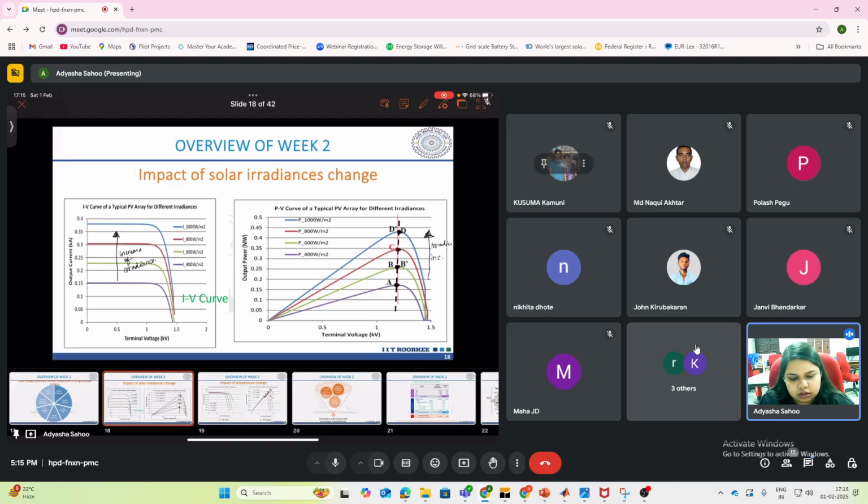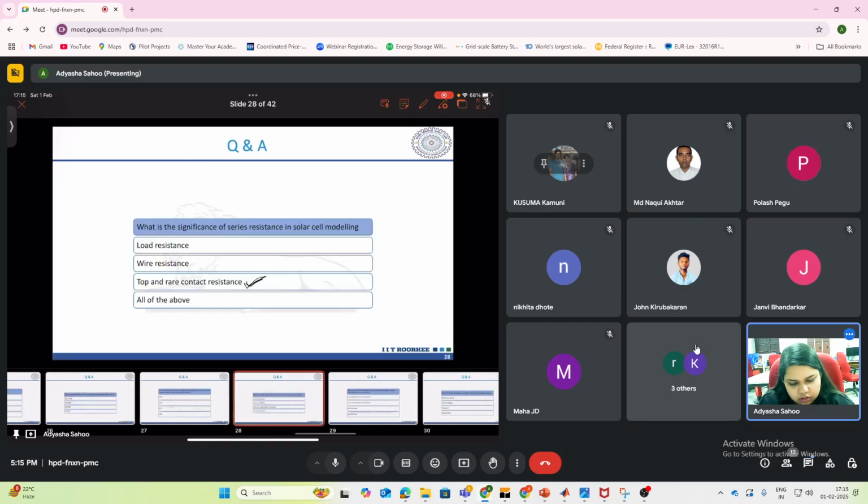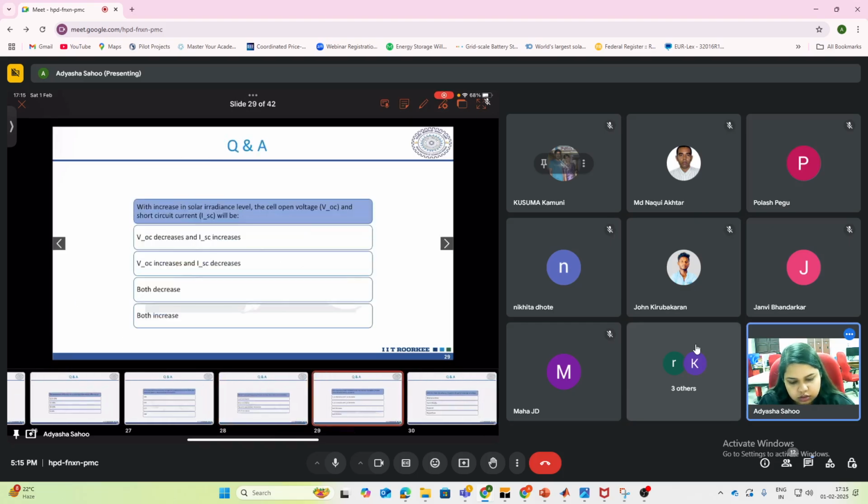So we can see ISC increases and VOC also, if you see for the same amount, the VOC will also increase. So actually, both will increase.